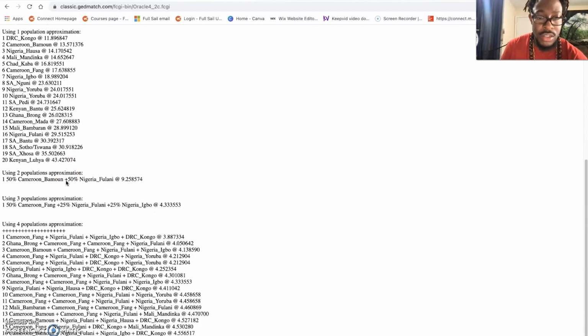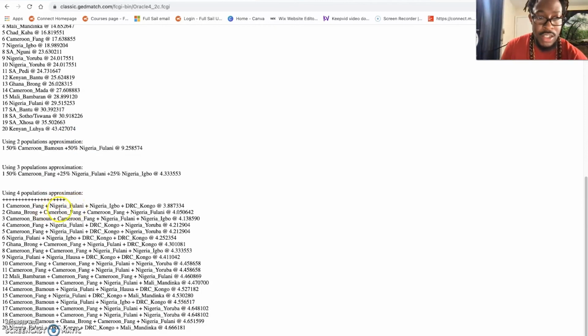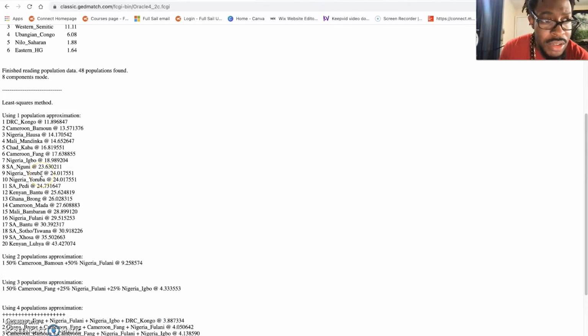Let's look at the 4. Fulani is popping up. Still I don't know a number. Igbo, Congo, Fulani. They go Mandinka. You know, I try to find what I was finding earlier, Mandinka, Yoruba, the ones you see most of the time.